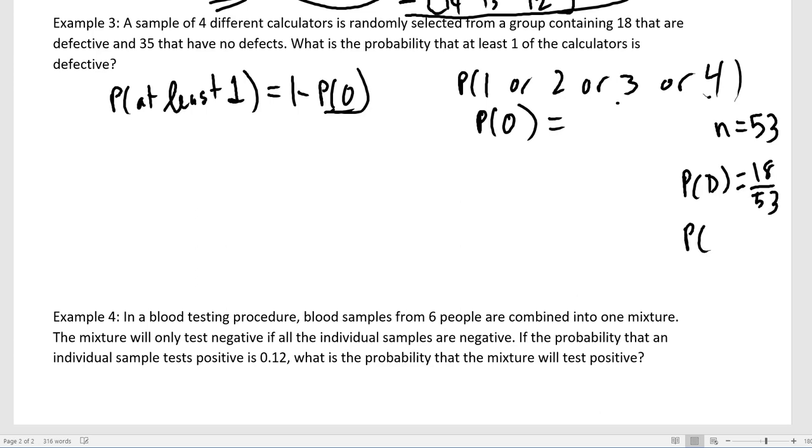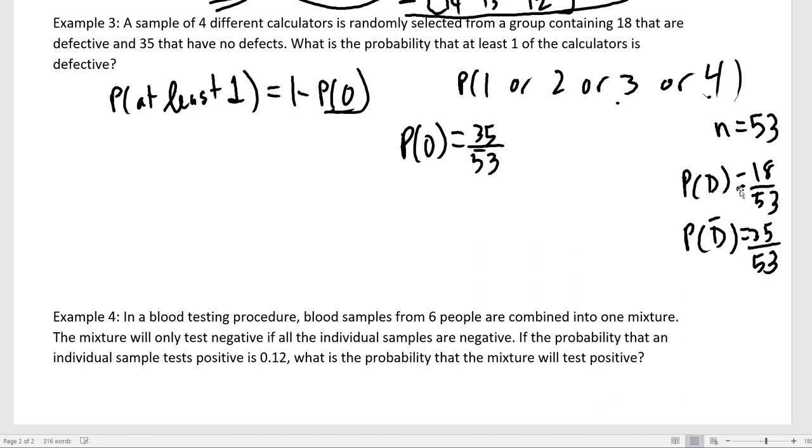And the probability of not defective is the other 35 out of 53. So what's the probability of 0 being defective? Well, what's the probability that the first calculator is not defective? Well, 35 out of 53.